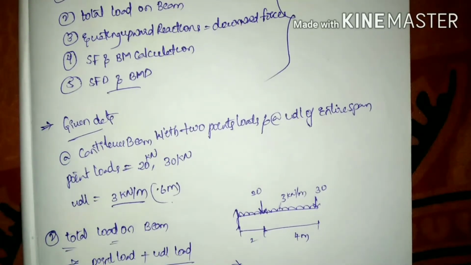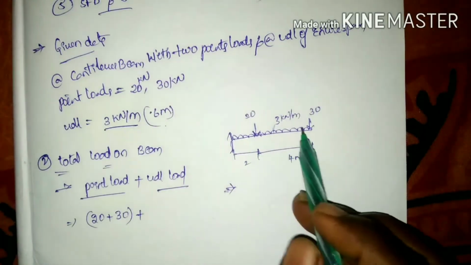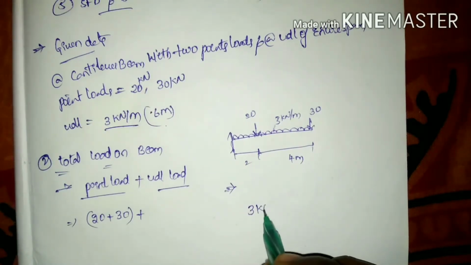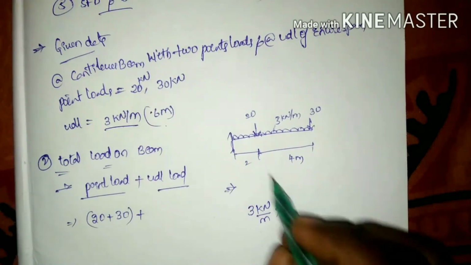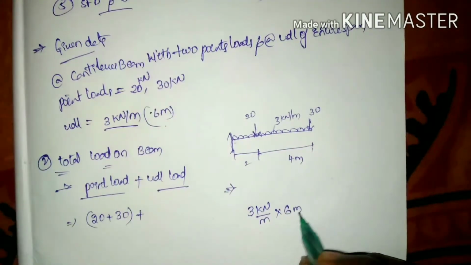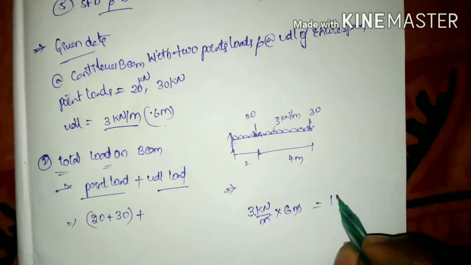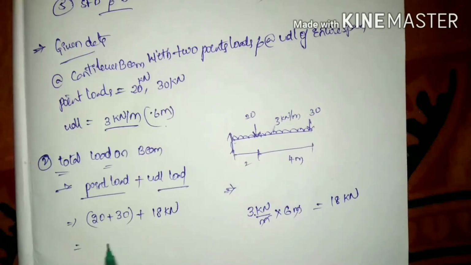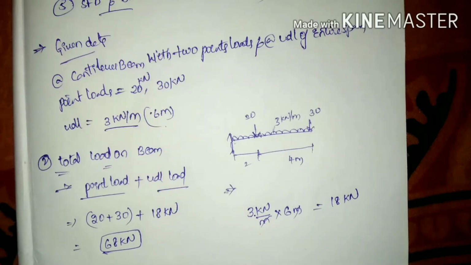We have 2-point loads, that is 20 plus 30, plus a UDL for the entire span, so we convert the UDL to a point load: 3 kilonewton per meter multiplied with the span, 6 meters, gives 18 kilonewtons. That is going to be 68 kilonewtons, the total load on beam.